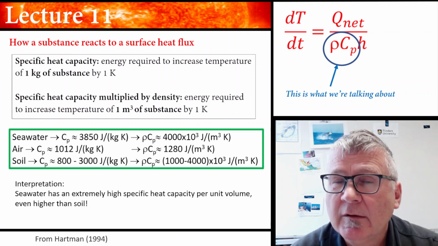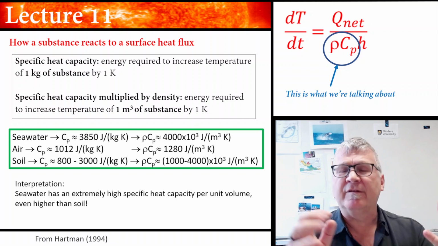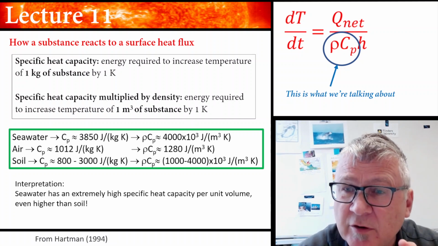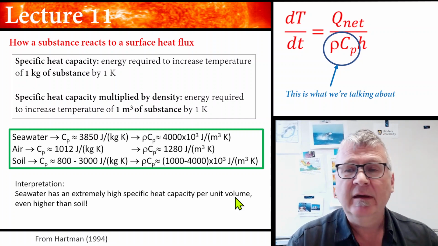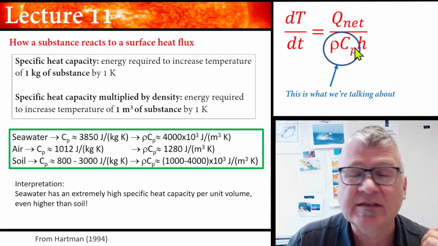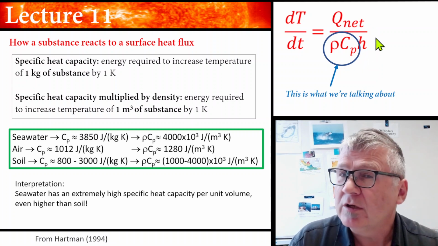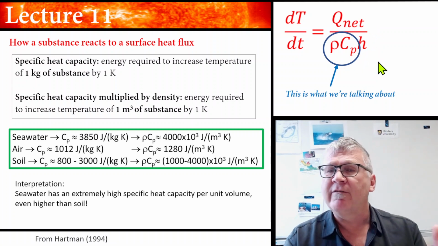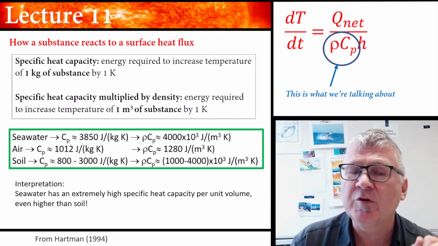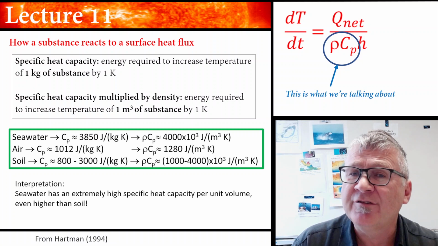That might still be a little confusing because it's not the full story, because what also matters in the temperature change is this vertical scale, which is the thickness. So what's the typical thickness over which heat is distributed if you compare seawater and soil?